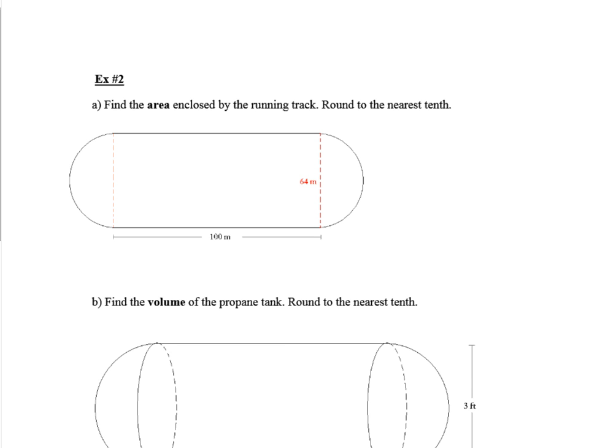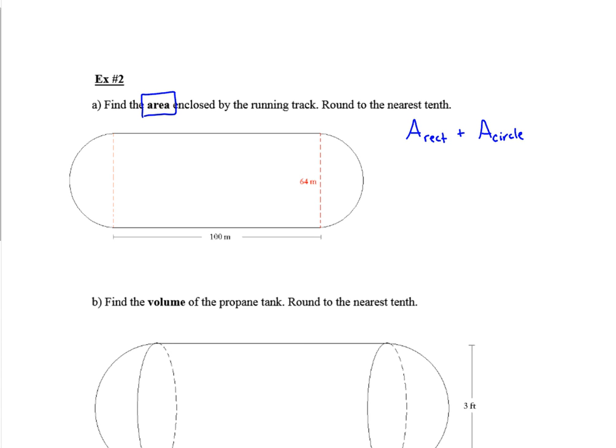All right, so what I want you to do, guys, is find the area of this shape. Now, break it down. What are the 2 shapes that it actually is enclosed in? A rectangle and 2 semicircles, but if you push them together, 1 circle.